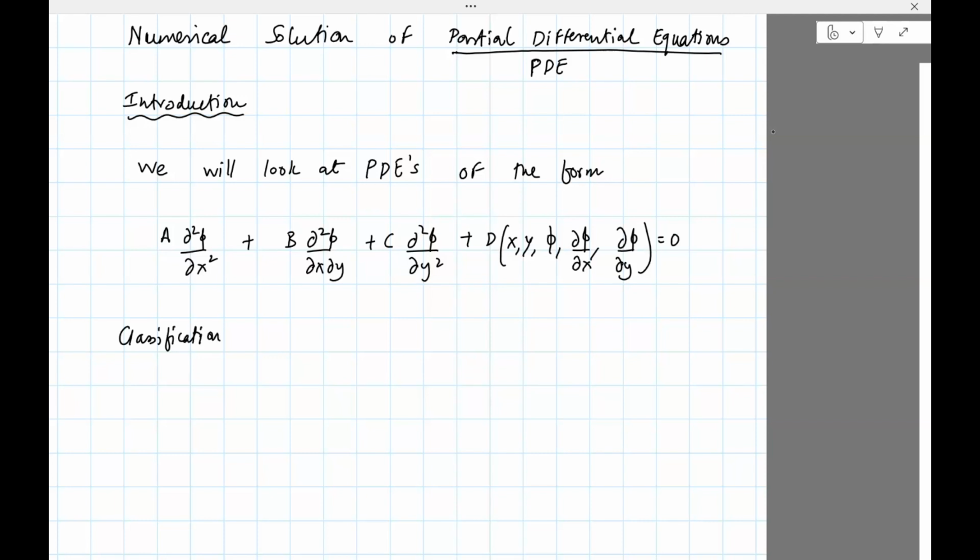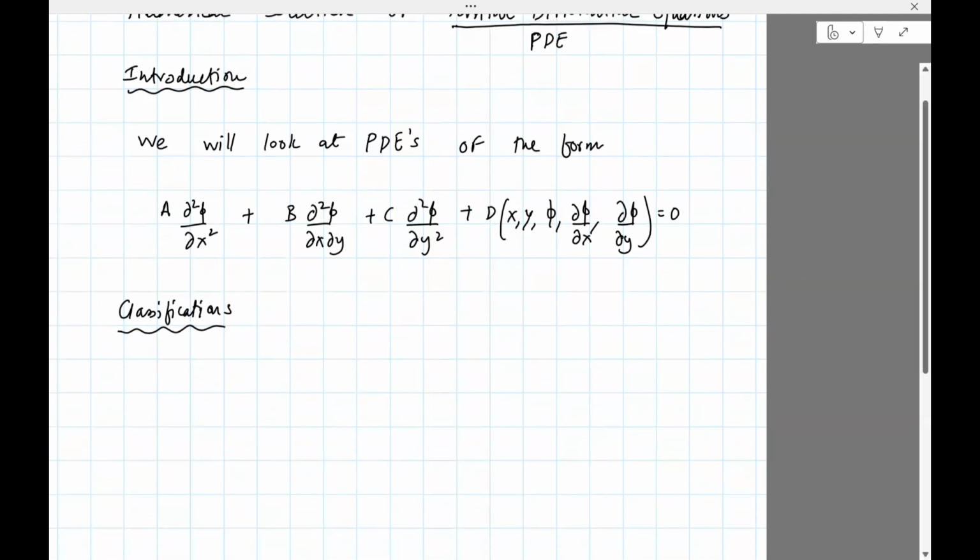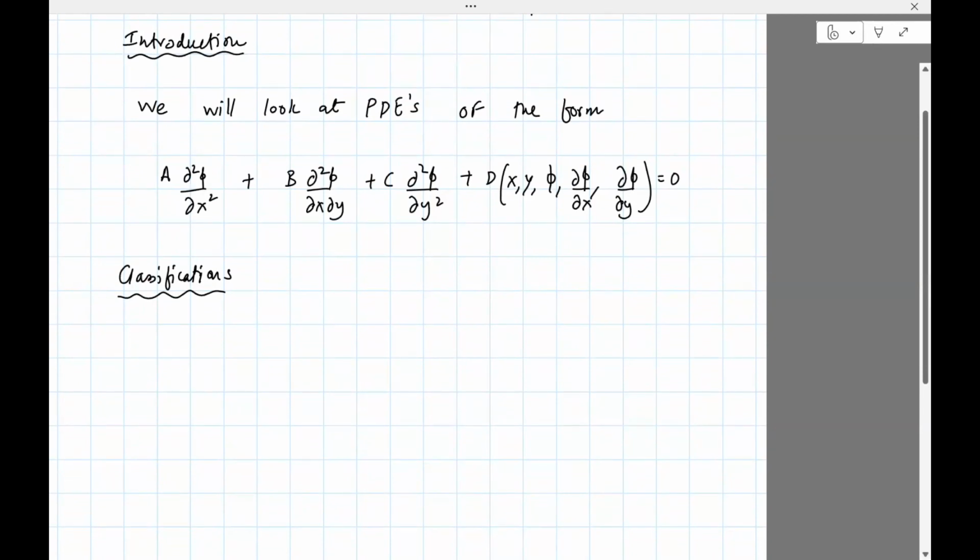So there's a classification of second order PDEs based on the values of A, B, and C. So if B square minus 4AC, okay, now A, B, C are clearly constants, is less than 0, this is known as an elliptic PDE.